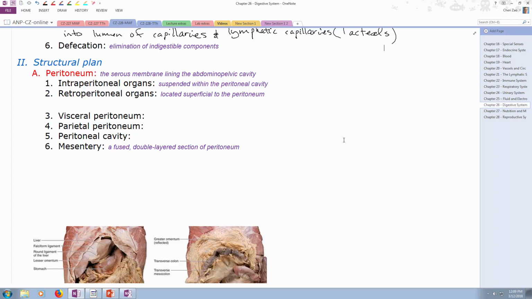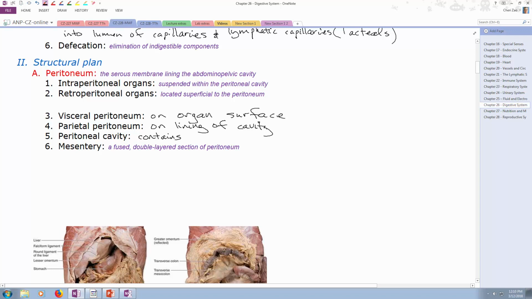So again, remember it's that serous membrane or serosa, visceral on organ surfaces, and parietal on lining of cavity. And then the peritoneal cavity does contain a little bit of fluid. And what did we call that?